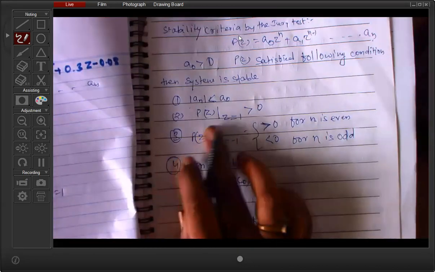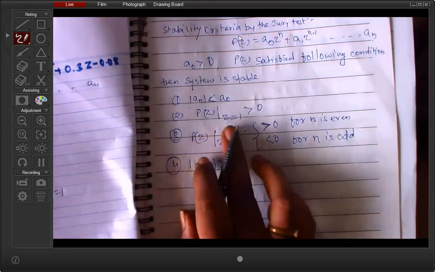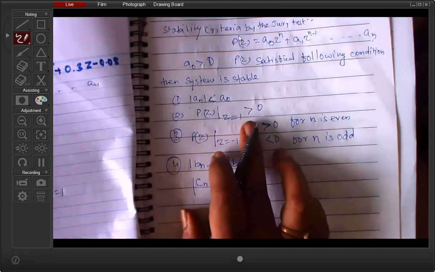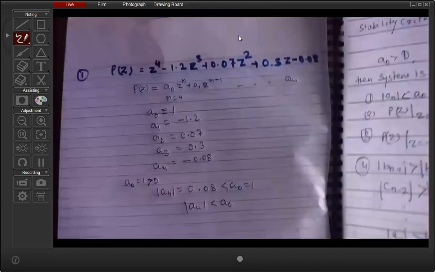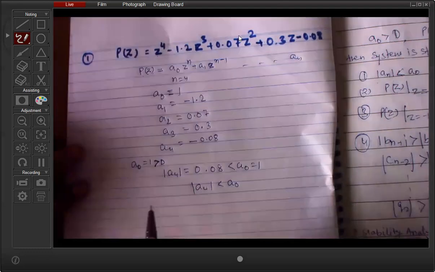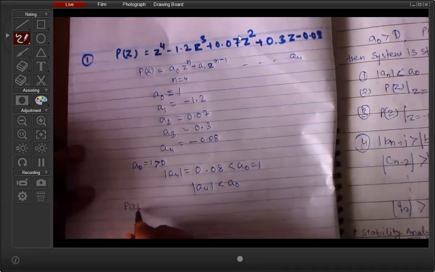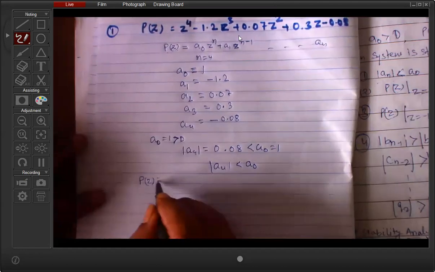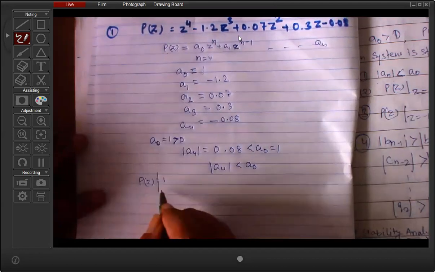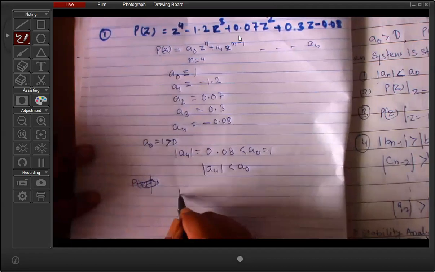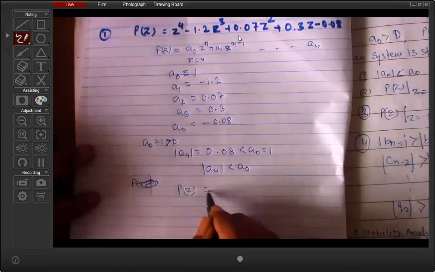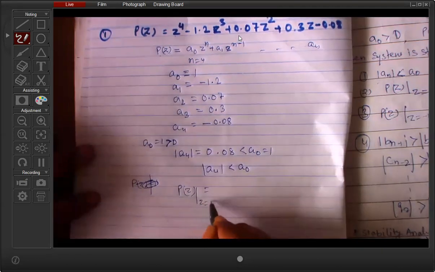The next condition is that the magnitude of the polynomial at z equal to 1 must be greater than 0. So now we have to put in the value: magnitude of P(z) at z equal to 1.